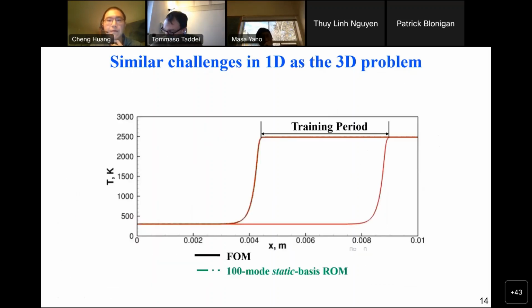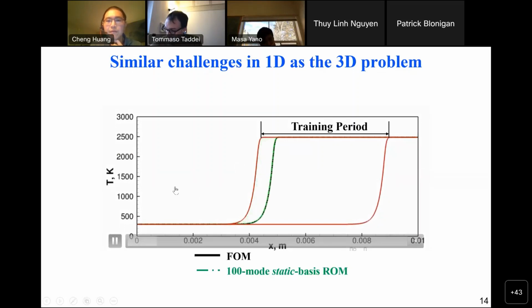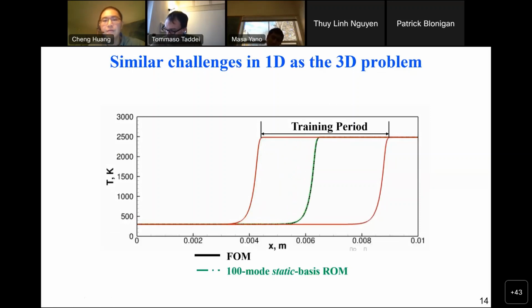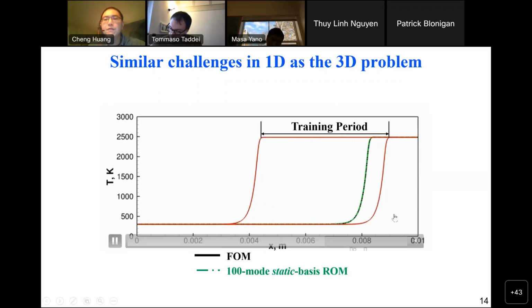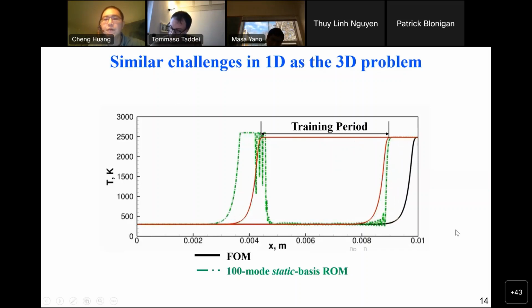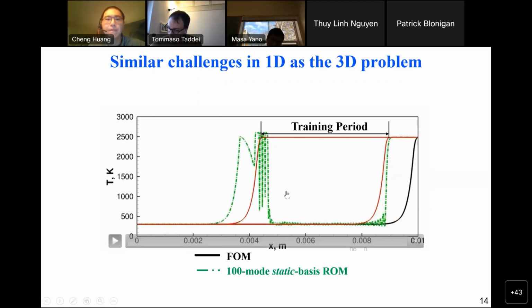You can also reproduce the issue I mentioned in the 3D problem: if you use a 100-basis ROM, it captures the training period very well, but once it goes beyond it, we all know this is a very challenging problem for model reduction.